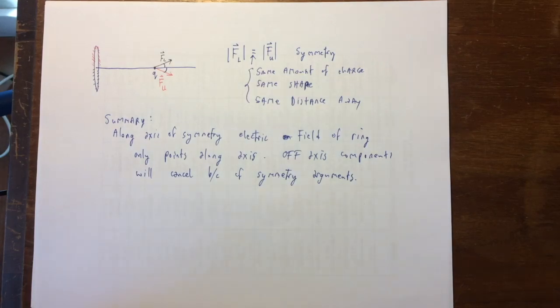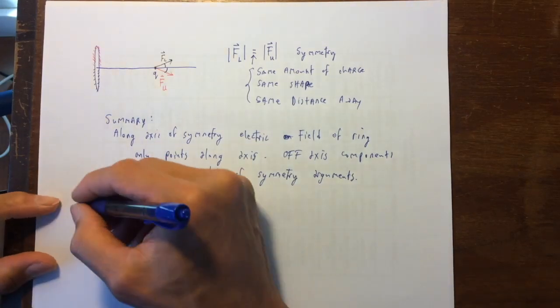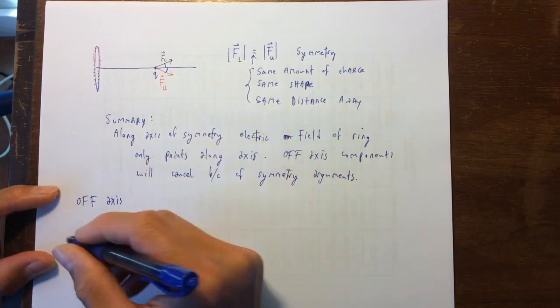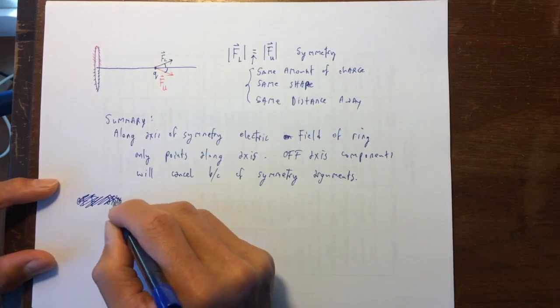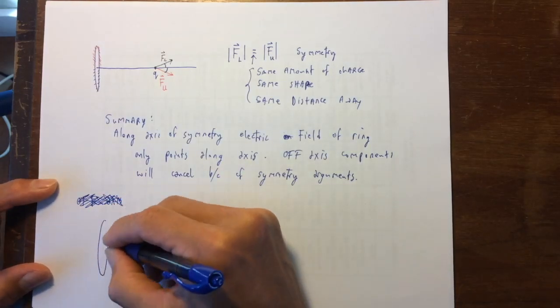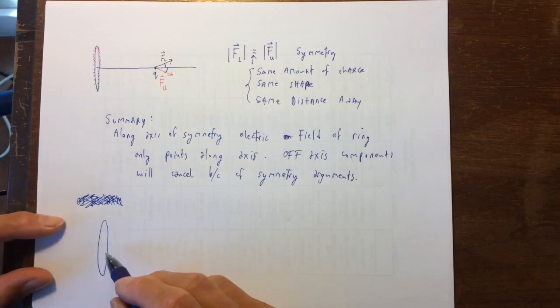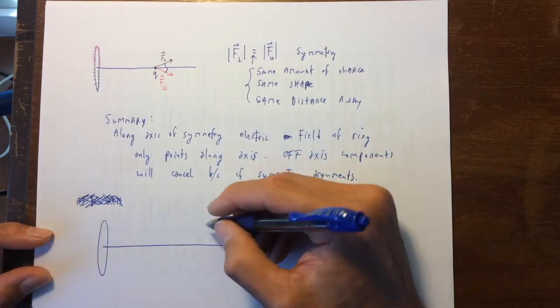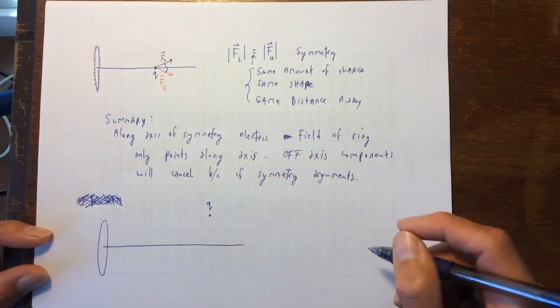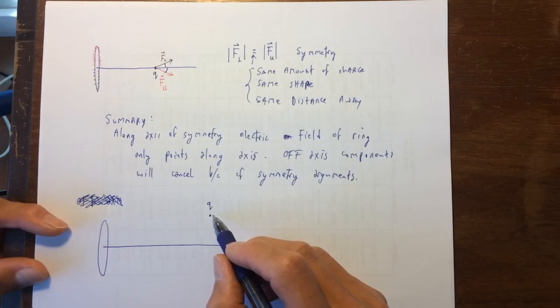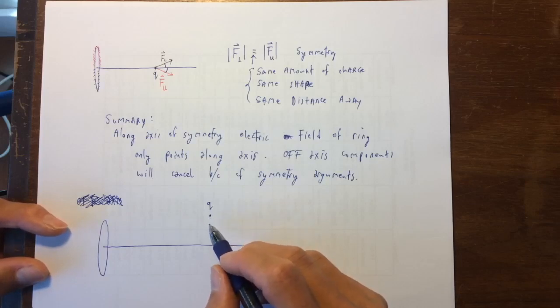All right. So, but what about off-axis? Or actually, sorry, that'll be confusing. But let's check. So here is the side view of our ring of charge. And let's look at putting the test charge here. So the test charge being up here, this is going to be slightly more difficult.